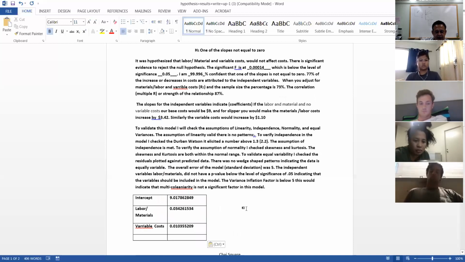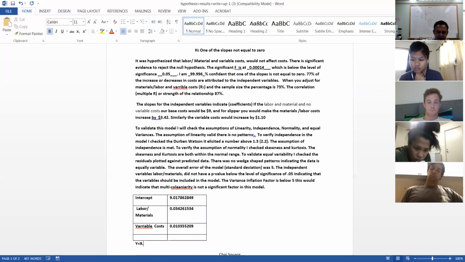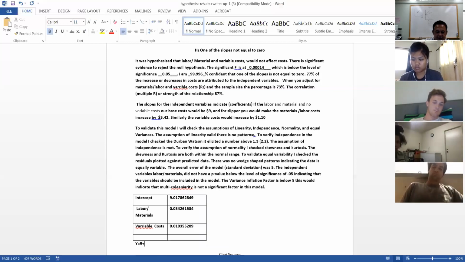So those are our coefficients. So if we wrote that up, it would be y equals 9, plus, and that is in hundreds, so it would be $3.42.